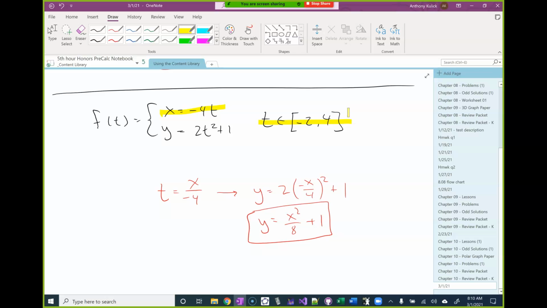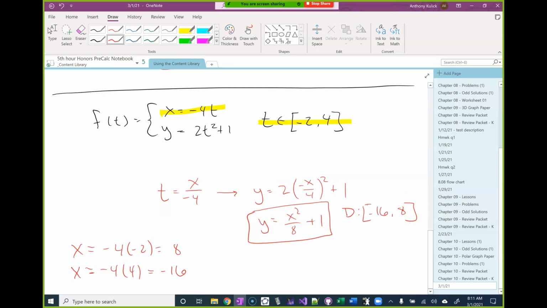Everybody agree with that? So that's all I'm going to do here, is I'm just going to go ahead and plug in my two values that I have for the domain. So my range is going to be -16 to 8.